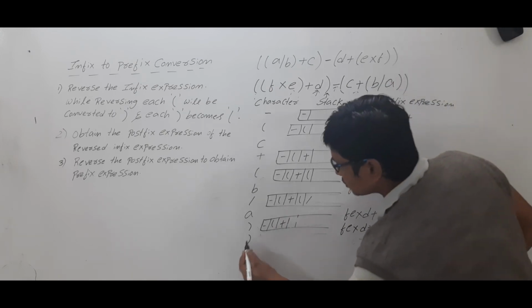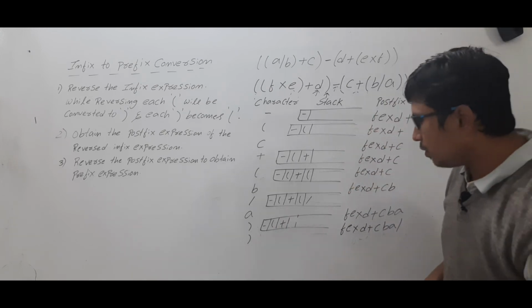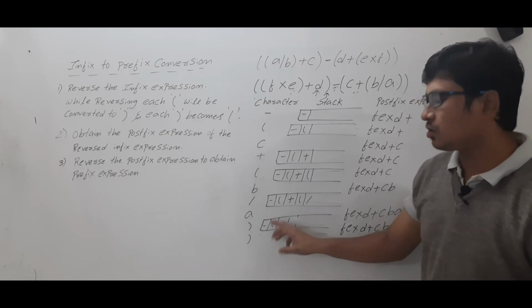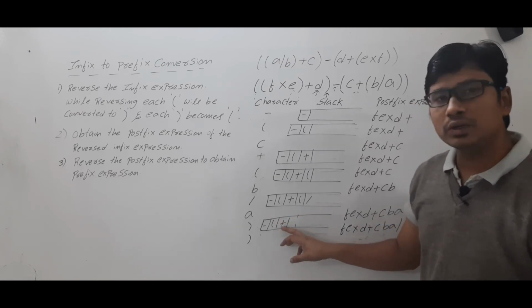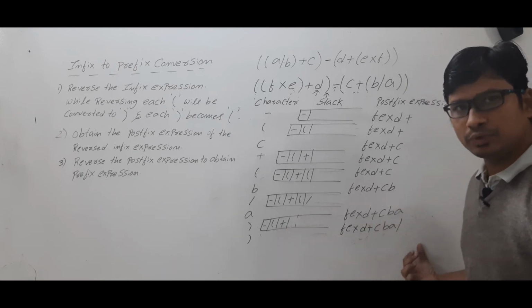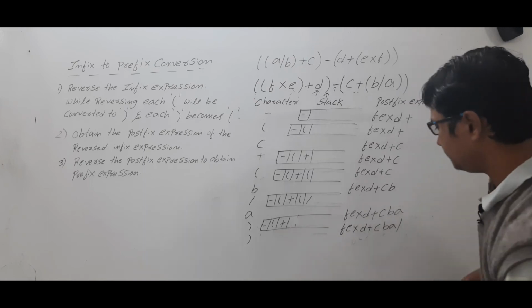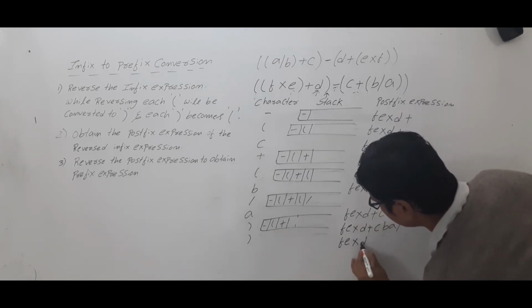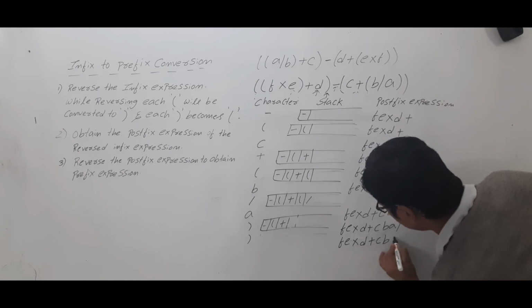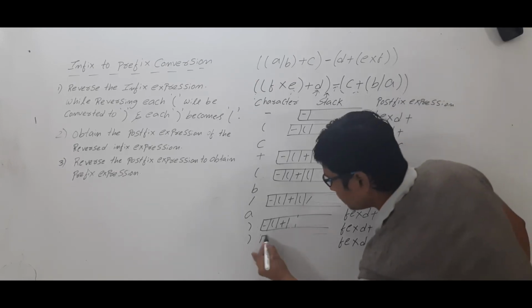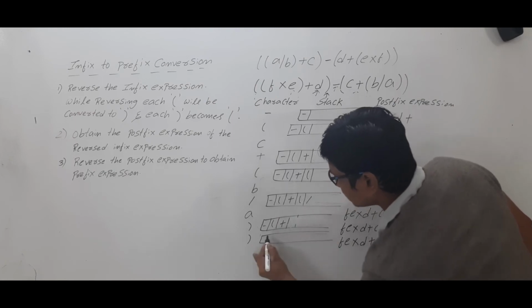There is another closed parenthesis. Now what you need to do: the top of the stack is addition, which is not an open parenthesis. Then you need to pop this plus and append it to the postfix expression. So if I do it, I will get F E multiplication D plus C plus. Now look at this one.